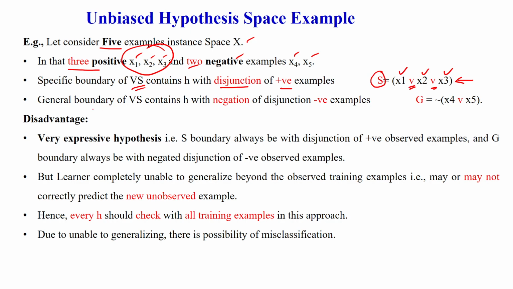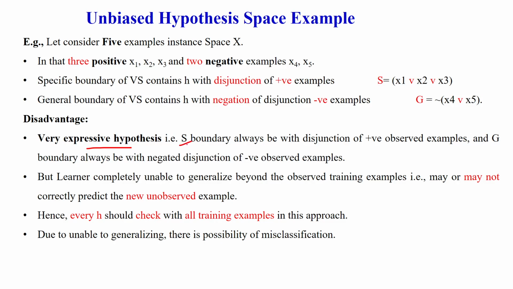Now the general boundary of the version space has the consistent hypothesis with the negation of the disjunction of negative samples. So here we have the two negative samples, x4 disjunction of x5, and the negation of these samples. From this what we observe is that the system provides a very sensitive hypothesis with respect to the training samples.